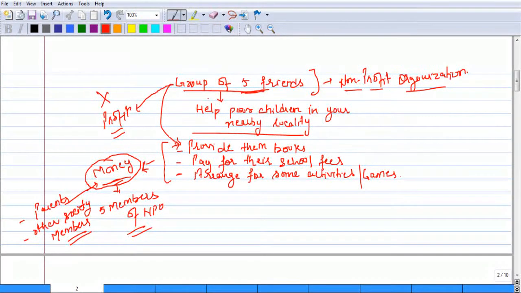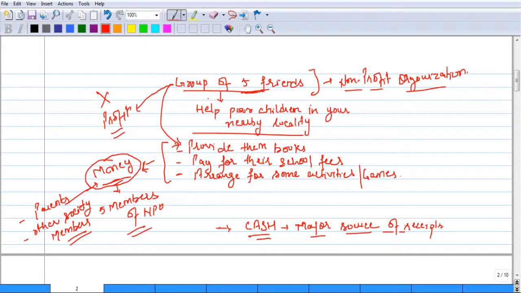Now, if we talk about the money of a non-profit organization, most of the money is received in cash. Cash is the major source of receipts for the non-profit organization. Why?